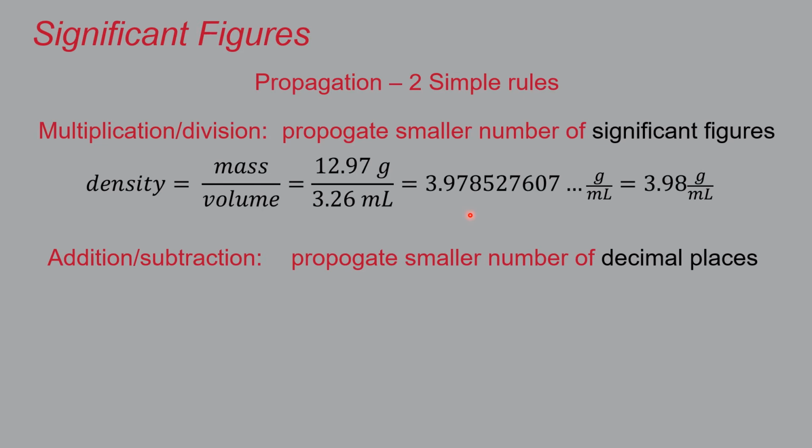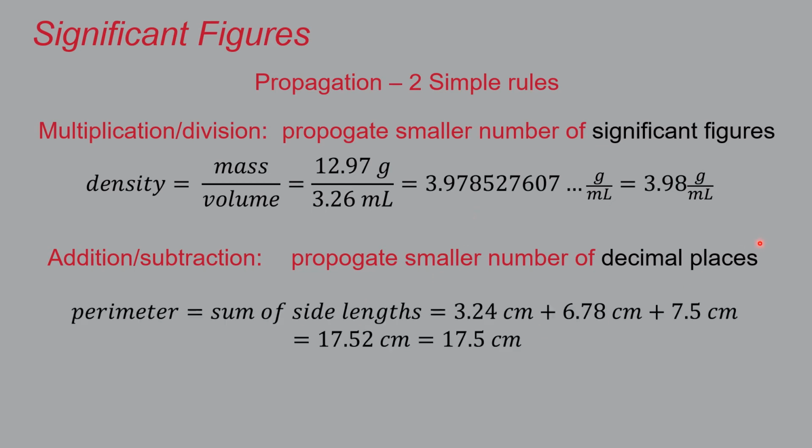Now, if you are adding or subtracting things, the rule is different. In this case, what matters is the number of decimal places, and you go with the smaller one. So, for example, I've got a triangular object here, and for some reason I used a different ruler for one side. So I've got 3.24 centimeters, 6.78 centimeters, and this one here is only reported to a tenth. These are to hundredths.